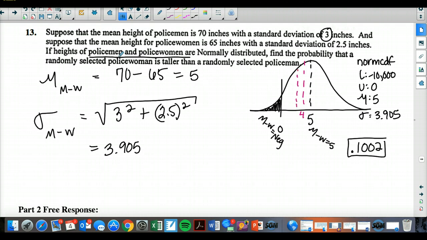If it's 3, the man is taller than the woman by 3. If it's 2, the man is taller by 2. 1, 0, they're the same. But remember, 0, the line, has no value in a continuous normal distribution. So everything on this side has value. These are the negative numbers where the man is shorter than the woman. So when we subtract, we get a negative.